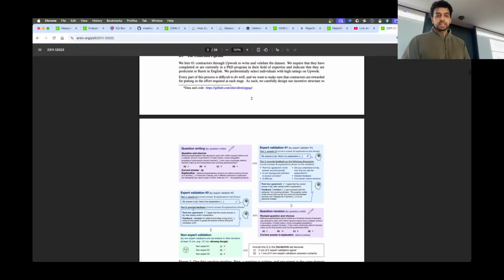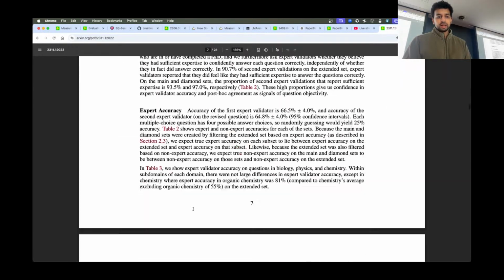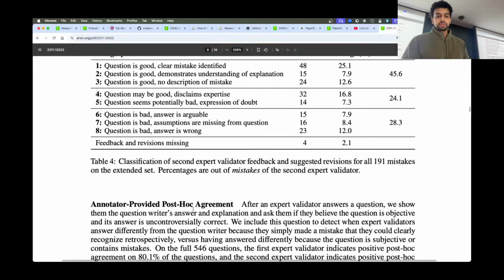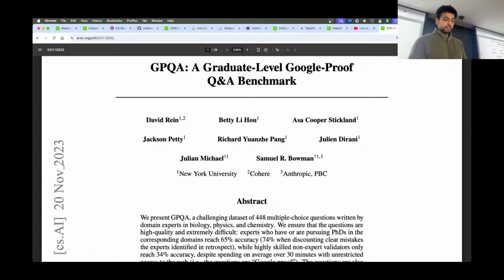The very interesting thing about this benchmark, I'm not sure if it's in this paper, but it was released in November 2023, and the presentation of this paper happened at a conference, I think that summer of 2024, so it had been out for a few months.